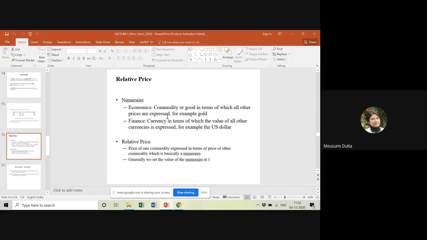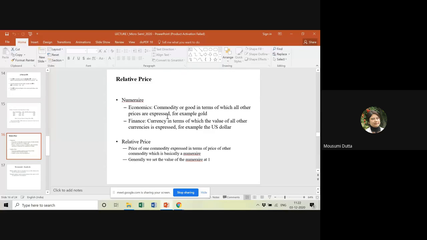So there will be some reference commodity, and with respect to that we consider the price of other commodities. Generally, the norm is to consider the gold price, and with respect to the gold price, we compare the prices of other commodities or services.